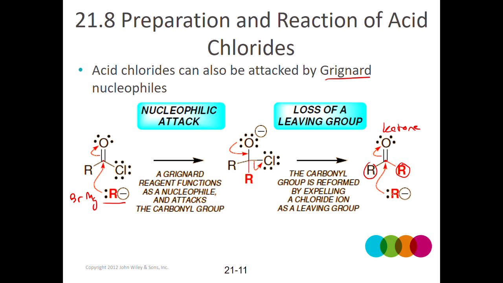Since I can't stop the second unit of the Grignard coming in, I would just use excess Grignard. By using excess, I can make sure all these steps occur for all the structures and get a pretty high yield of product. So one Grignard comes in, pushes electrons up, they swing back down, push out the chloride, and that produces a ketone.